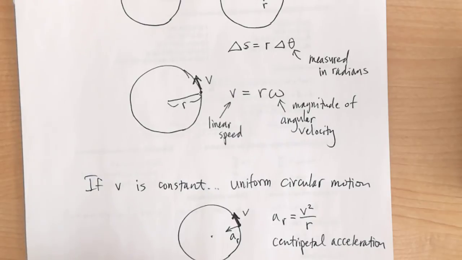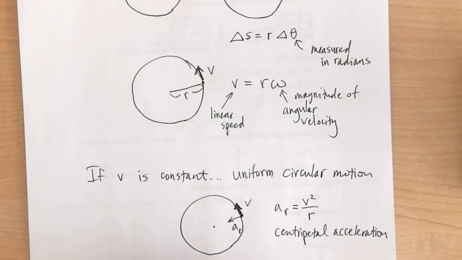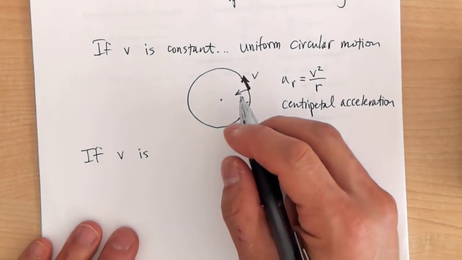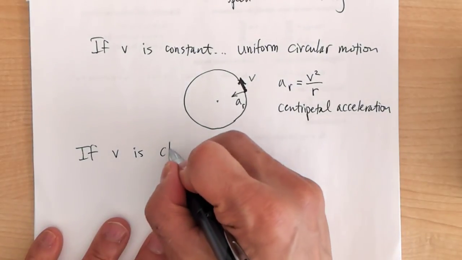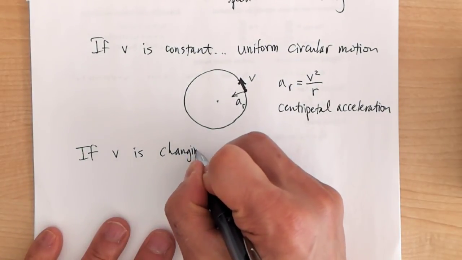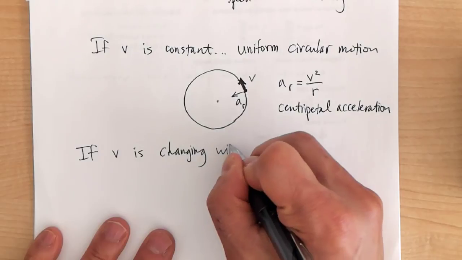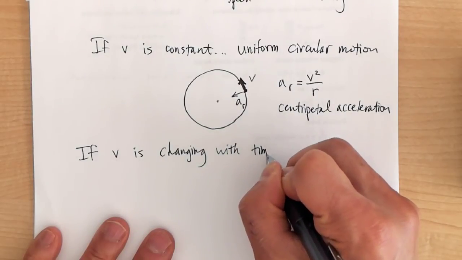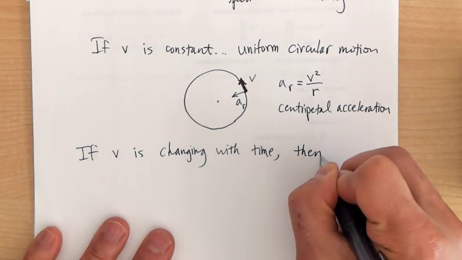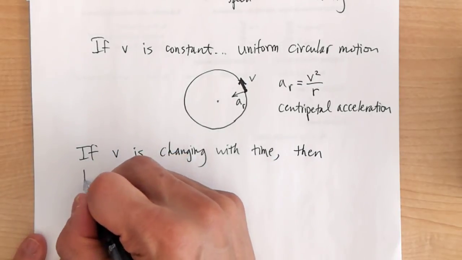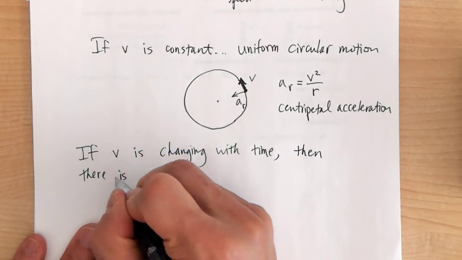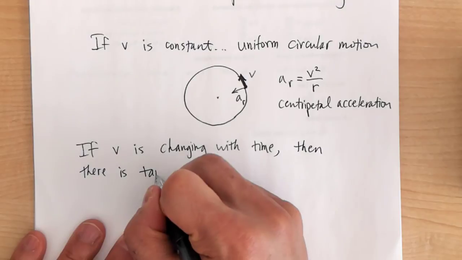Okay, now if v is changing with time, then there is tangential acceleration also.